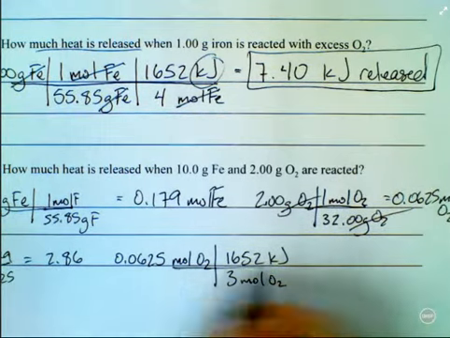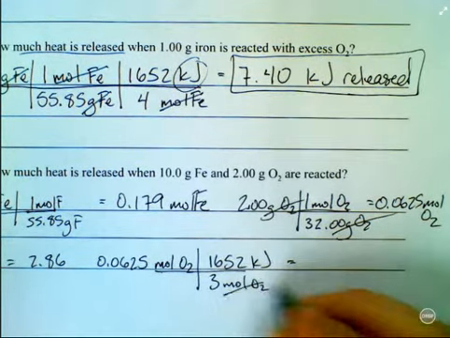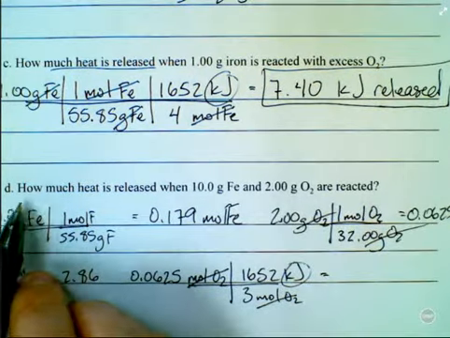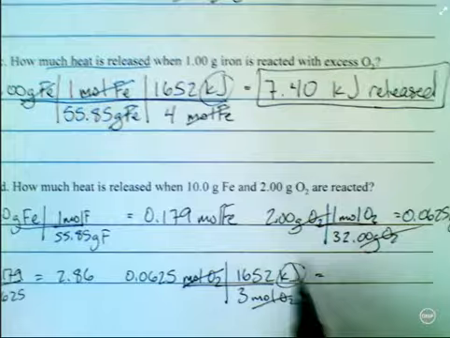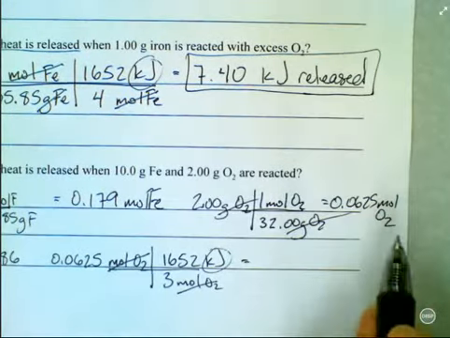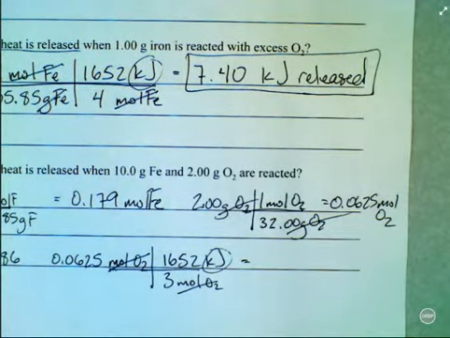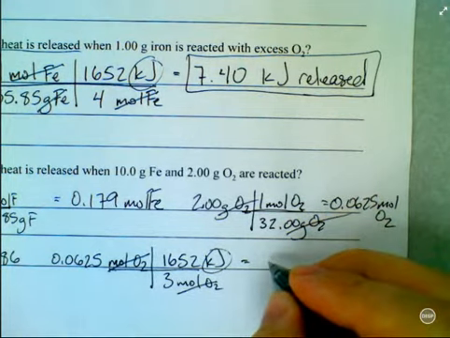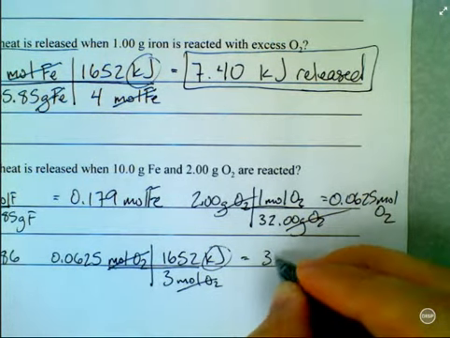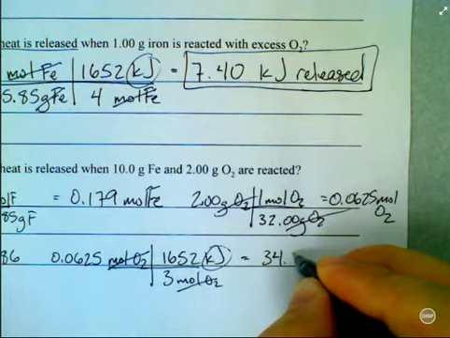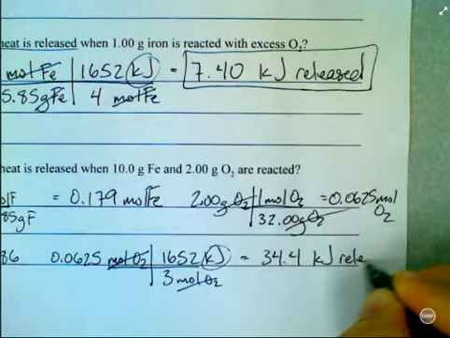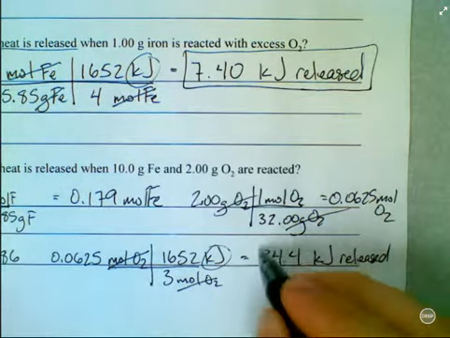Put that on the denominator, and now I'm ready to calculate because my moles of oxygen will cancel out and I'll be left with kilojoules, and the question asks how much heat is released. kJ is a unit of heat. So, bust out the calculator. Three significant figures. We'll use 34.4 kilojoules released.